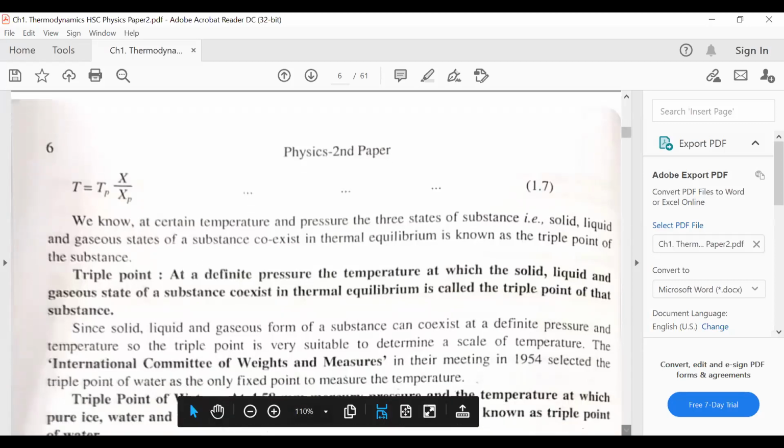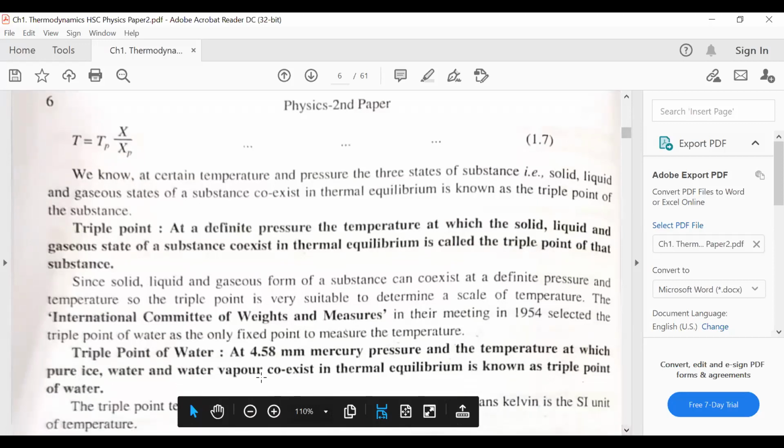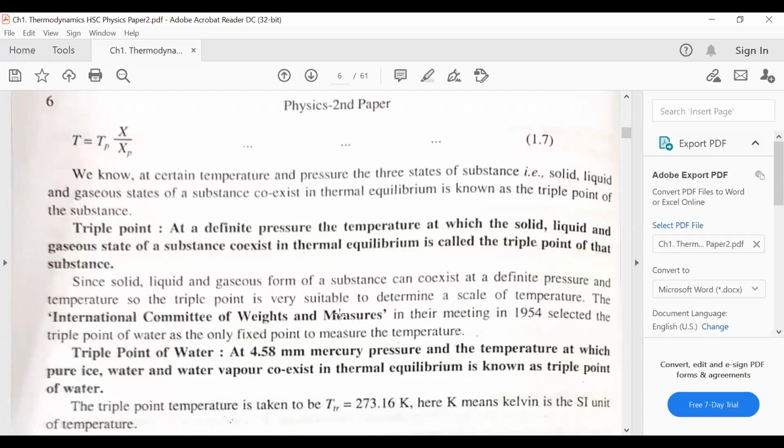See, at pressures like 4.58 millimeter of mercury. What is atmospheric pressure? I hope you have learned atmospheric pressure. Is it more or less than 4.58?